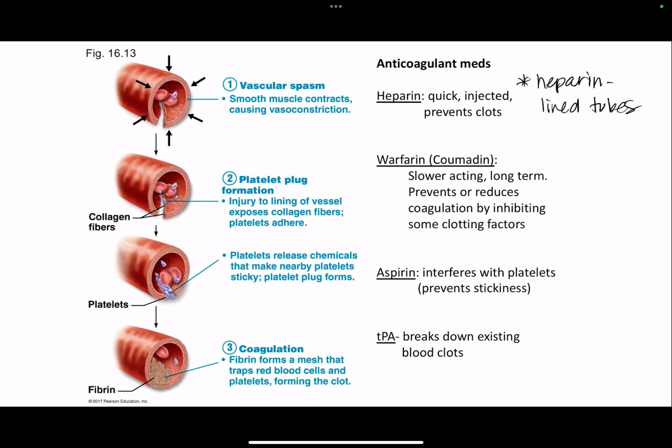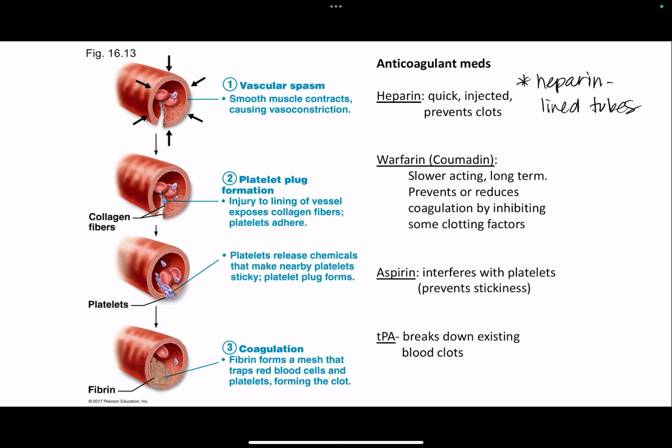Because if we were just to take a blood sample and put it into a test tube that had nothing in it, the blood tends to want to clot outside the body. So we line the tubes with heparin so it thins out the blood so it does not clot, so we can centrifuge it and run testing and do whatever it is we need to do.